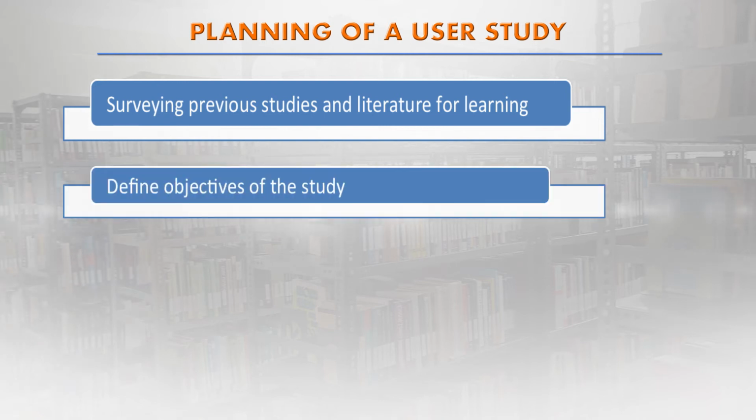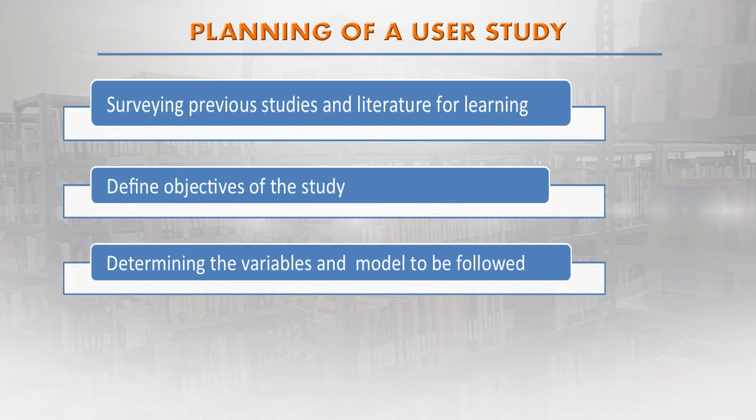You fix your objective, because your objective is to develop your library services. Your objective could be to develop different types of services in the library, or different types of resources you want to add in the library. So, define your objective first, and then based on that you define the variables and models to follow.